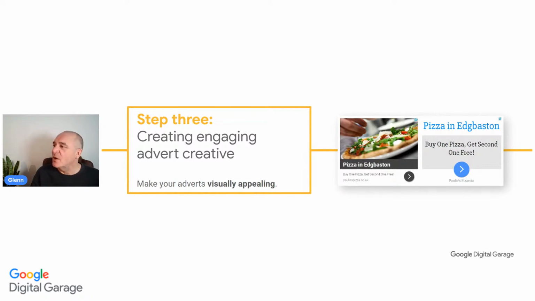So again, we've got the offer in place, and some descriptive elements. The pizza in Edgbaston, that's where it is. We've got buy one pizza, get second one free. So that's the offer. That's the enticement to get people in, because we all love something for free, or one of those buy one, get one free type offers. And there's also the blue circle.